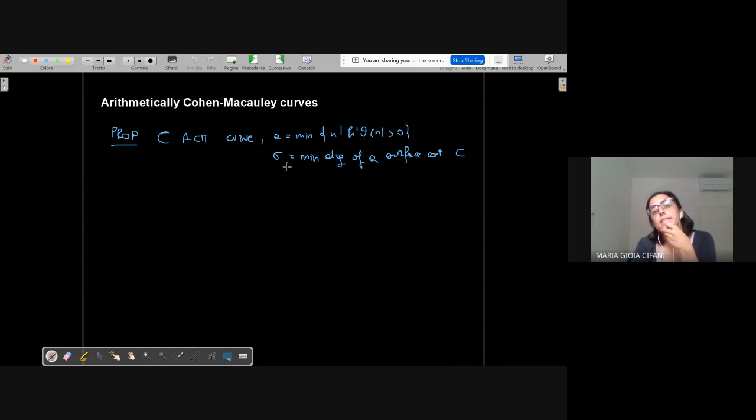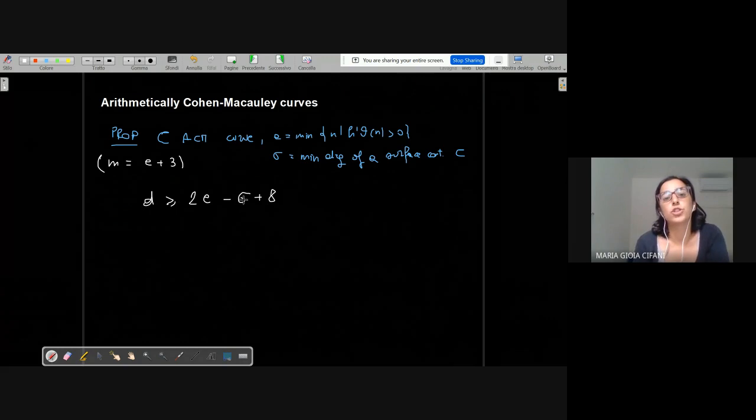And we will set sigma to be the minimum degree of a surface containing C, so the minimum for which the H0 of the ideal is not zero. And I will write down that here our m is e plus 3. That is the minimum degree in which the ideal of the ACM curve is generated. And here we can find a bound of this type, 2e minus sigma plus 8. And this is a bound, that is, the degree sufficiently greater than this.